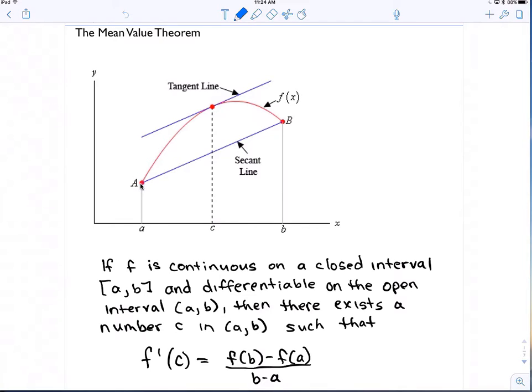So basically the slope of this secant line is going to be equal to the slope of the tangent line at the point c. So we're going to establish that relationship there.